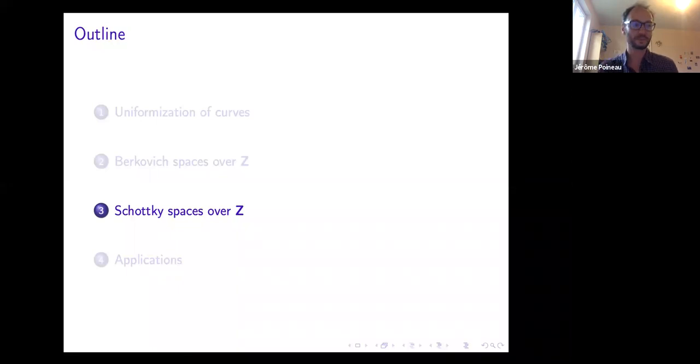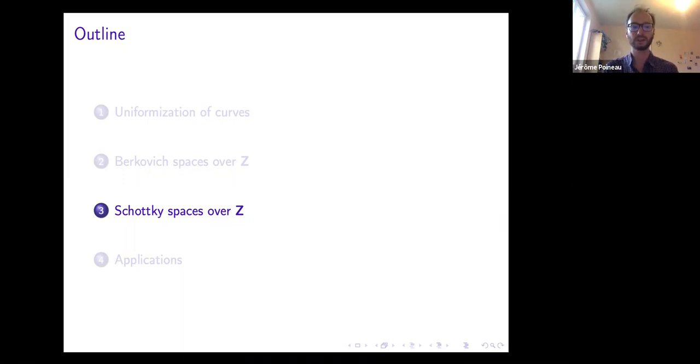So in some sense, if you have some moduli problem of an analytic nature, but in quite a broad sense, I mean, some moduli problem that makes sense over C, over complex analytic varieties, or over p-adic analytic varieties for any p, then probably you have something that would make sense over Berkovich spaces over Z in an even more general setting. And probably Berkovich spaces would be a nice way to encode or to provide a solution to this moduli problem.